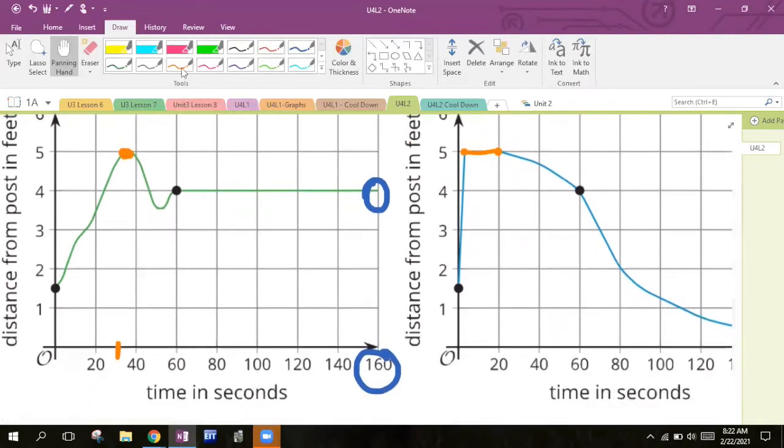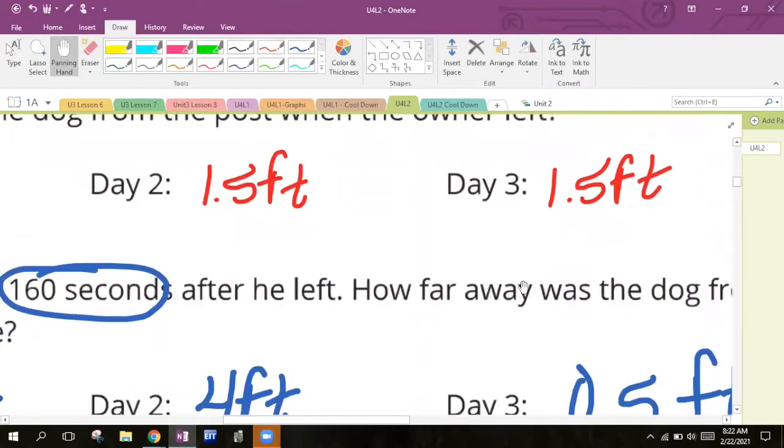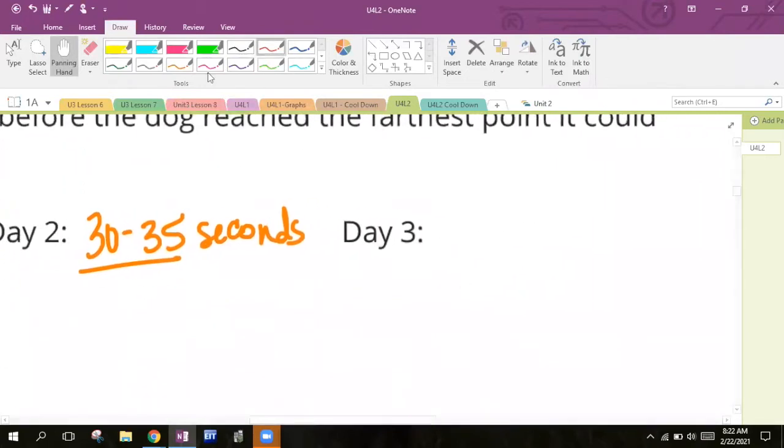Like 5 seconds. 5 seconds all the way till what? 20. Till about 20 seconds, right? Because it kind of plateaued up there. But if you just want to get that first initial time, it was about 5 seconds, but you could have had anywhere to like 20 seconds.